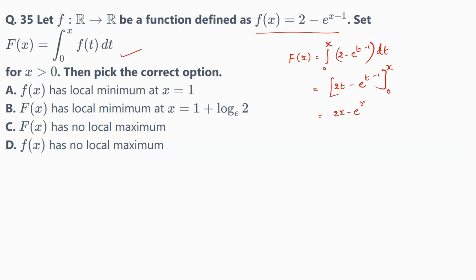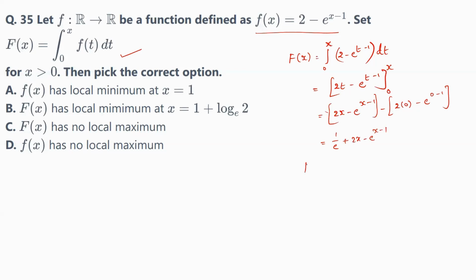2x minus e power x minus 1 minus 2 times 0 minus e power 0 minus 1. So this would be 1 by e plus 2x minus e power x minus 1.